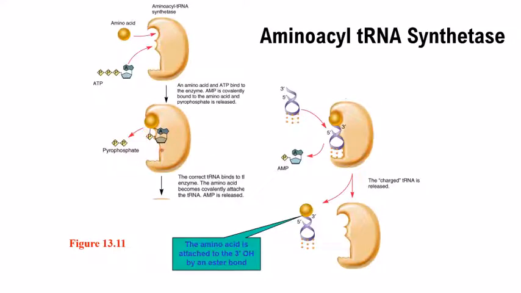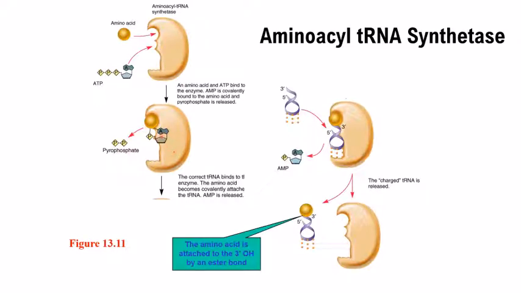The adenosine monophosphate from the ATP is covalently bound to this amino acid, and the two phosphates, that is the pyrophosphate, are removed from this complex. Now here we have only the amino acid along with the AMP complex.